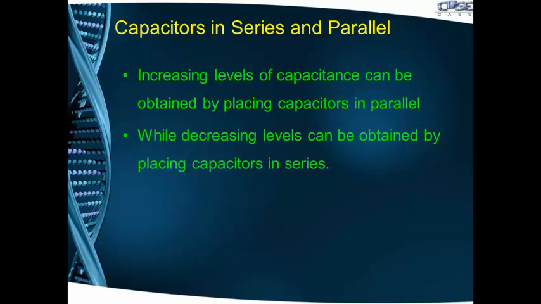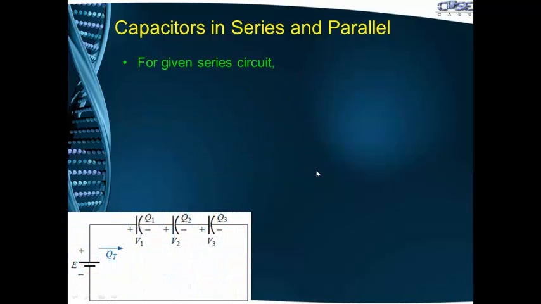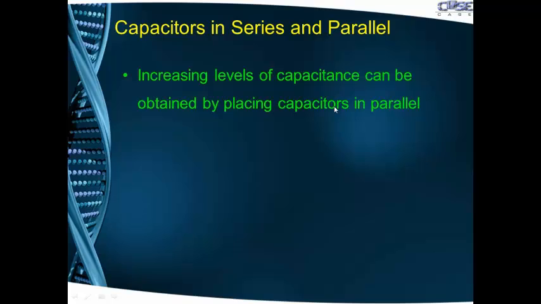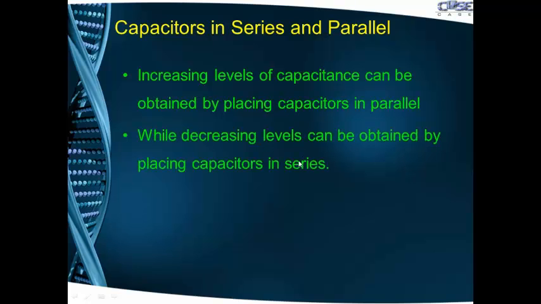Increasing levels of capacitance can be obtained by placing capacitors in parallel, while decreasing levels can be obtained by placing capacitors in series. We will see that when we connect capacitors in series, the overall value will decrease, while when they are connected in parallel, the overall value will increase.